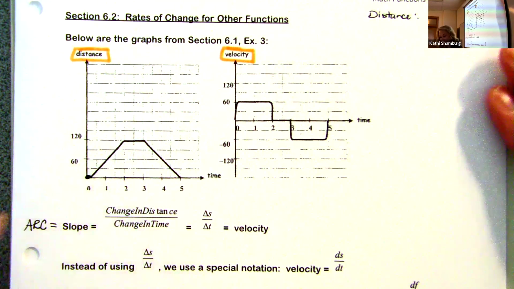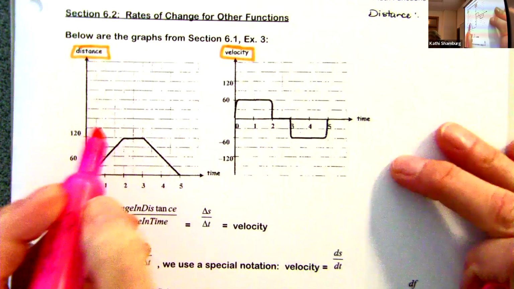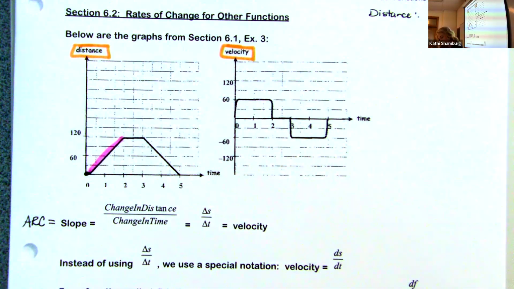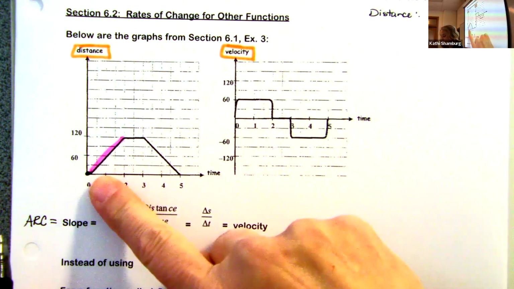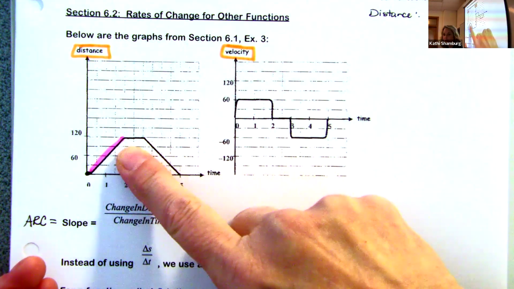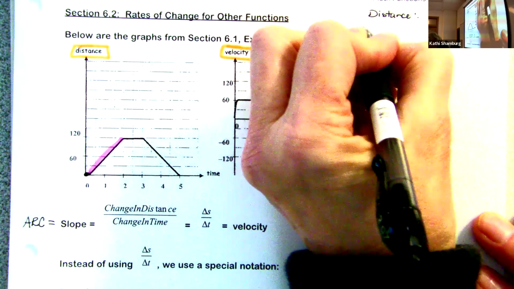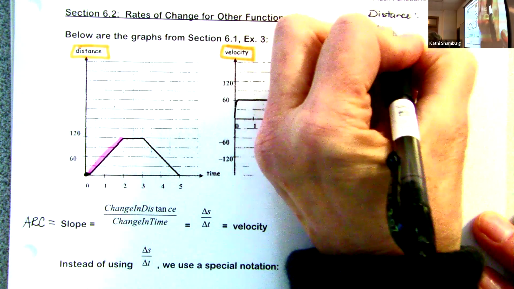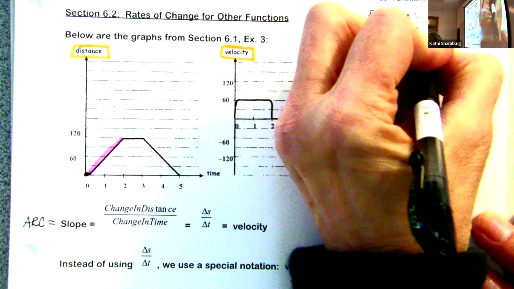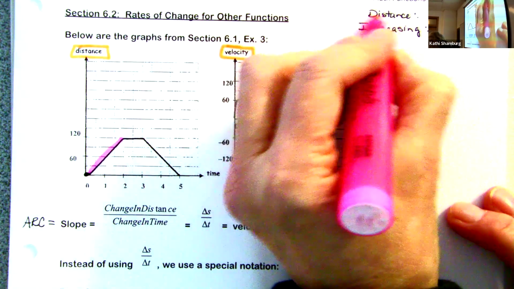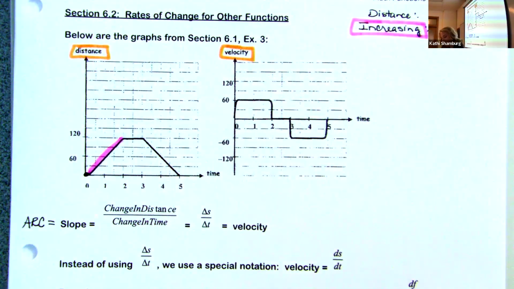I'm going to do this in pink. What is the function doing in this stem of the graph? Increasing. Okay, so let's take a look at the average rate of change when we know that the function is increasing. So I'll do that in pink.